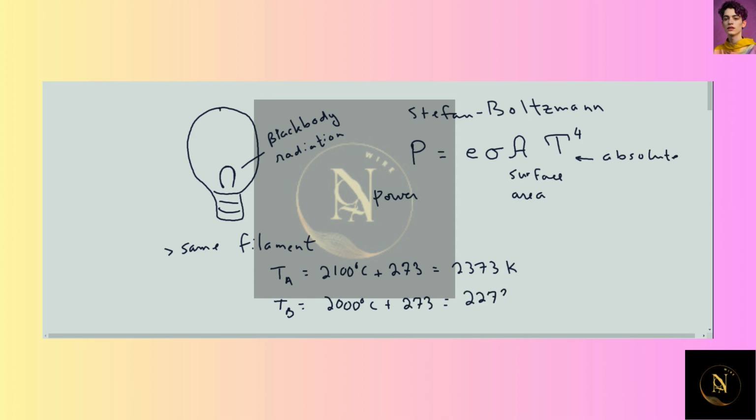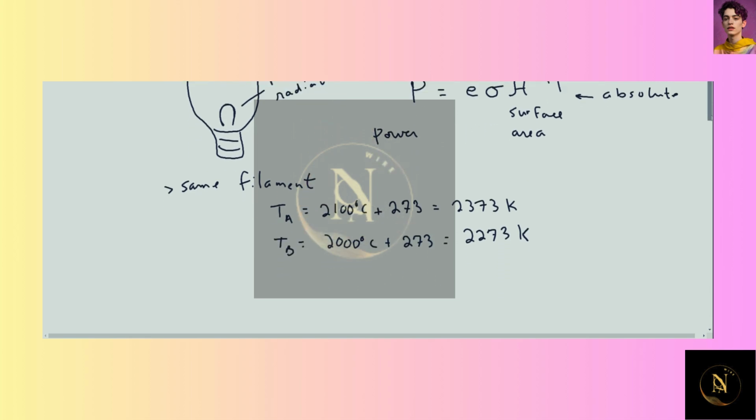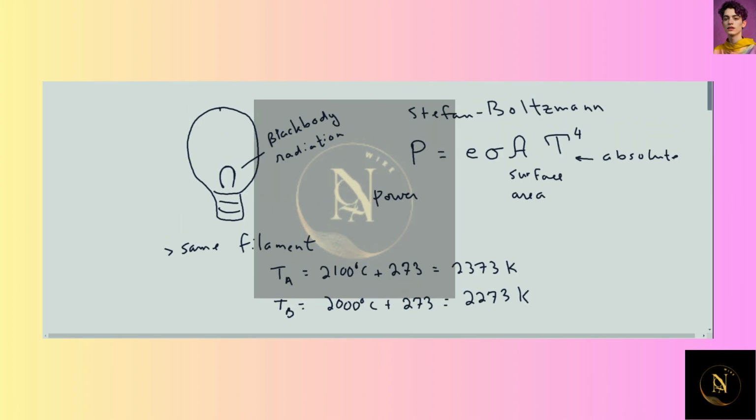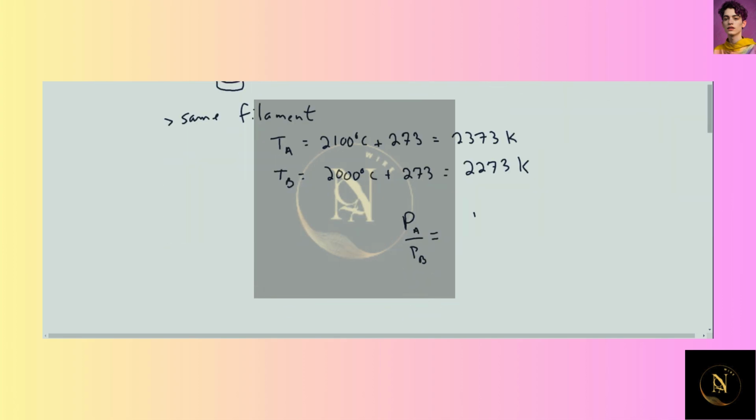And we want to compare the power output, power A to power B. And everything is the same about these two bulbs, including the material they are made out of. So all the constants will disappear except for the temperature. So that ratio will depend on the ratio of the temperatures raised to the fourth power.